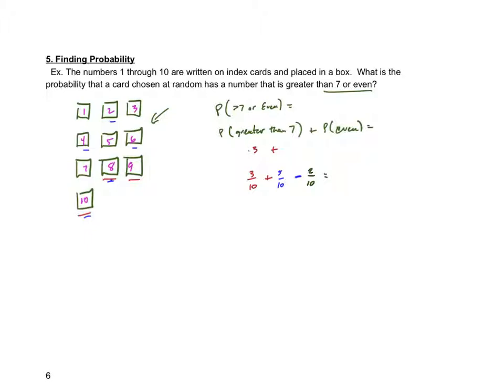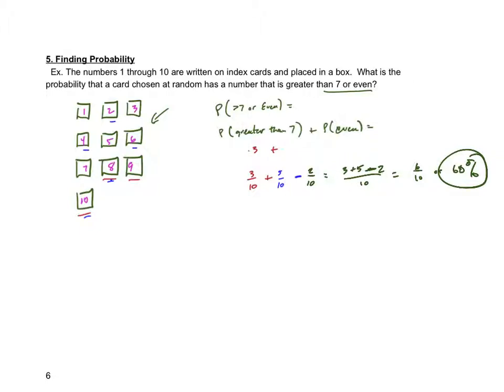And that will give us 3 plus 5 minus 2 over 10, which is the same thing as 6 over 10, or 60%. So there it is.